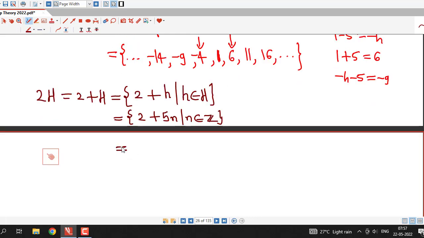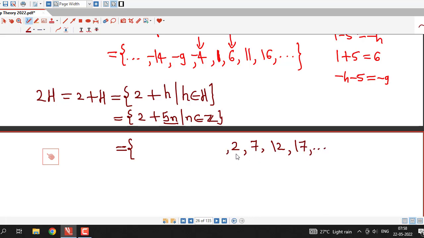So for different values of n, we will have different elements. Suppose I take n equal to 0, I will obtain 2. For n equal to 1, I will obtain 7. So you can see 7 can be obtained by adding 5 to 2. Similarly, we can write the next element by adding 5 to 7, that is 12. Then 12 plus 5, that is 17, and so on.